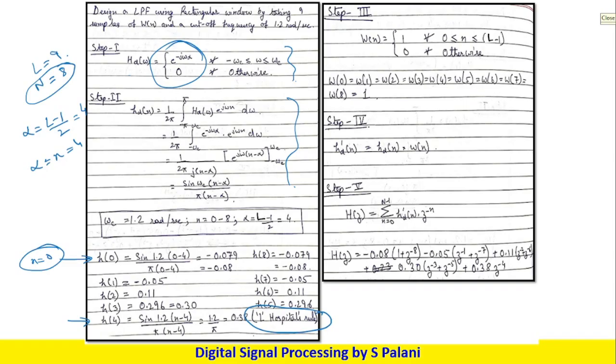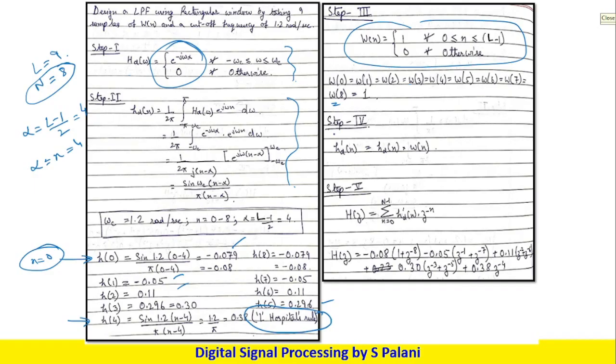Once you have calculated all these h(n) values, you then calculate the w(n) values. It is given that w(0) equals w(1) up to w(8), which is equal to 1.